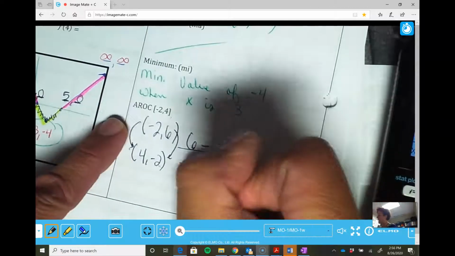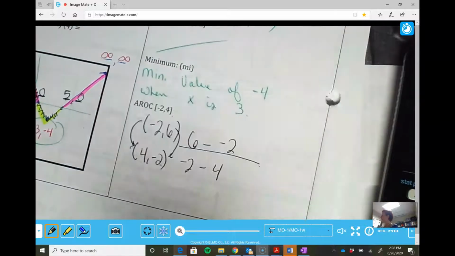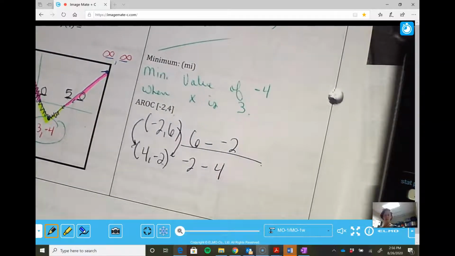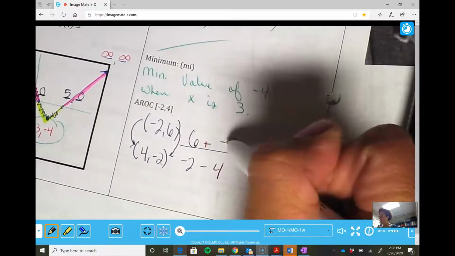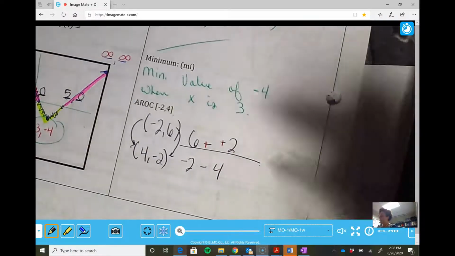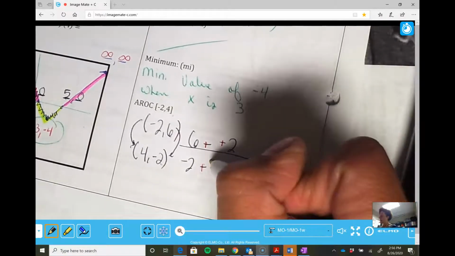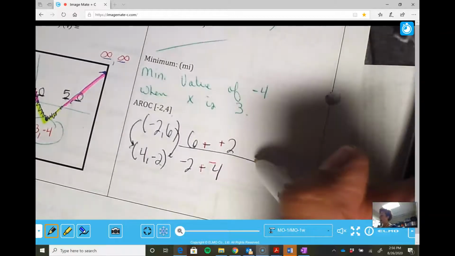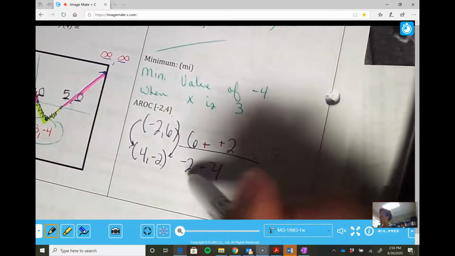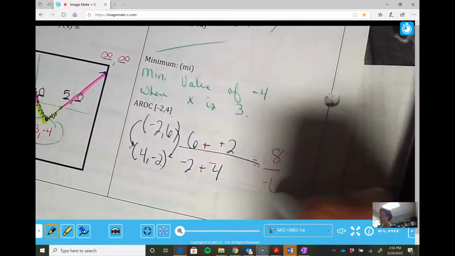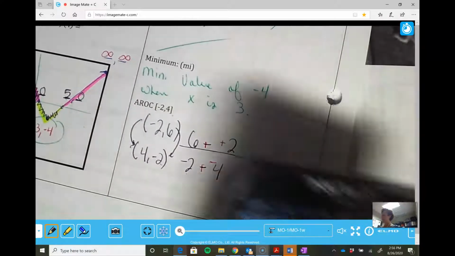So I'll have to do -2, take away 4. I'm not a big fan of subtraction, so I like to add the opposite. So add the opposite. And here I'm going to add the opposite. And then a much better addition. I get 8, -2 plus -4 is -6. And again, average rate of change has to be over 1.